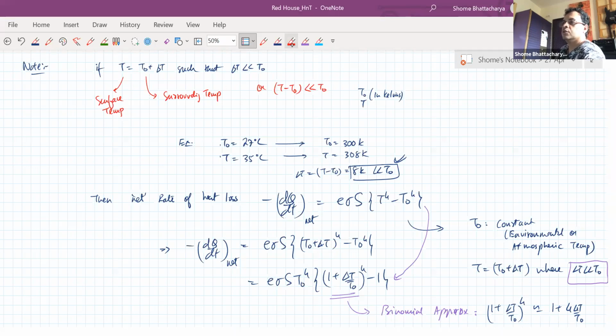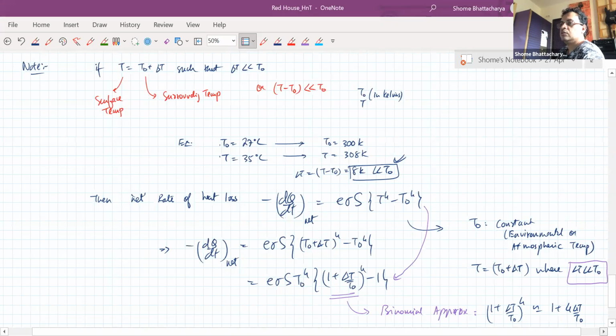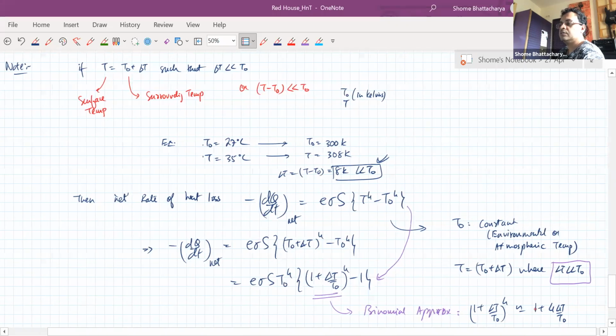So just make a quick note of this up to here, or make sure you understand this up to here. And then we will take this further down. We'll substitute this whole bracket over here with the approximated value, and we'll get the statement of what is called Newton's law of cooling, that the rate of cooling is directly proportional to temperature difference.